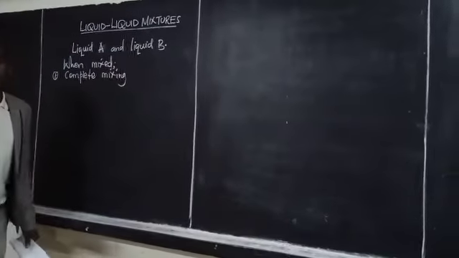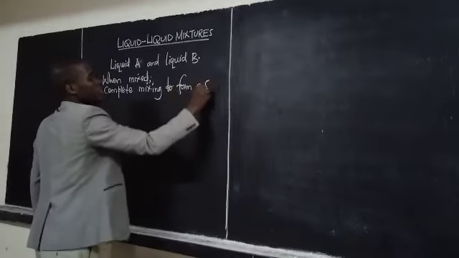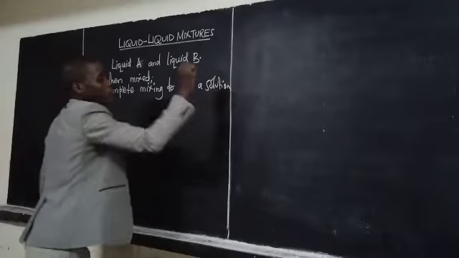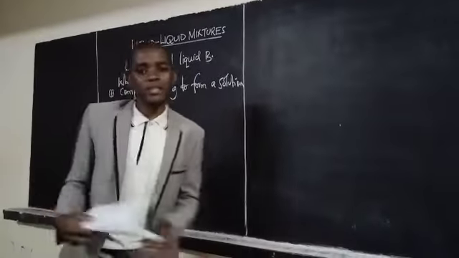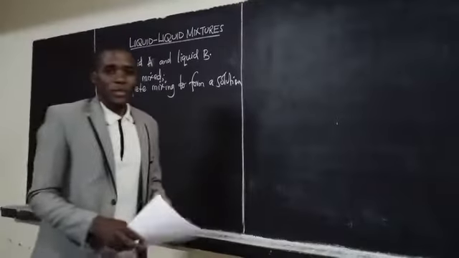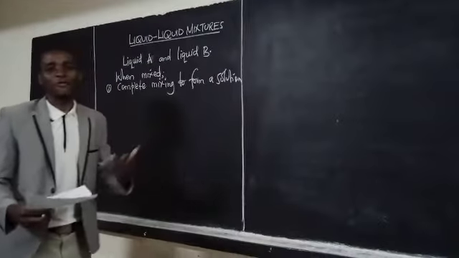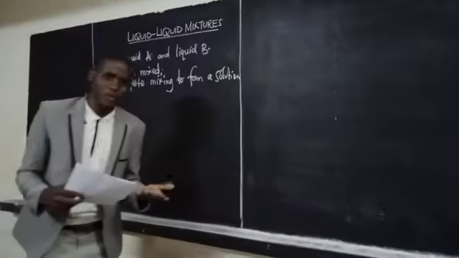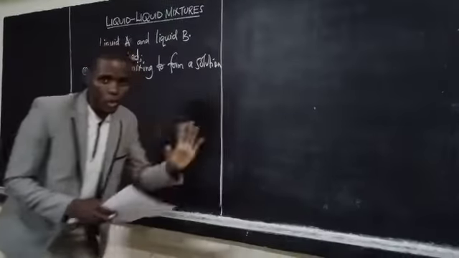When there is complete mixing, you form a solution, isn't it? Always you form a solution because they have completely mixed. You normally call it a uniform solution, but for it to be called a solution, it must be uniform anyway. So solution is an indicator that it is always uniform.